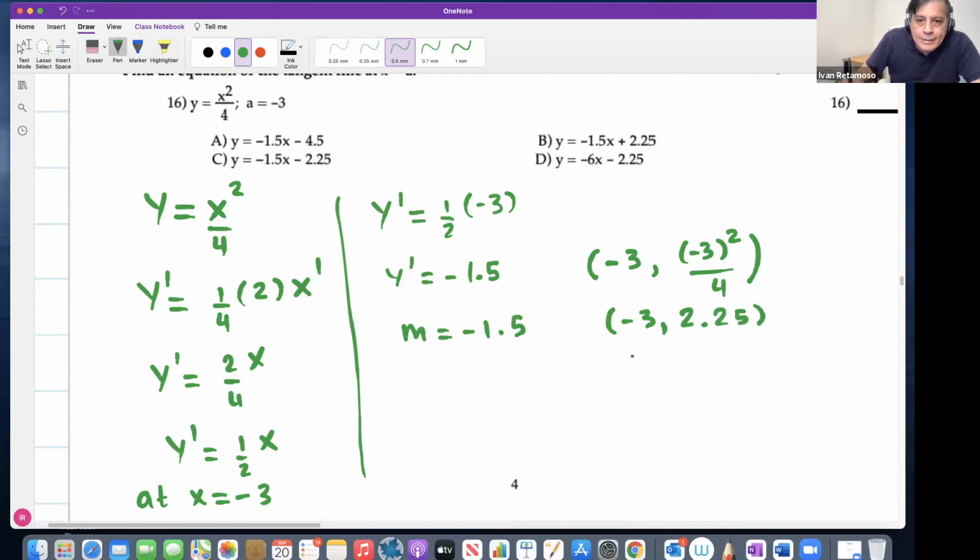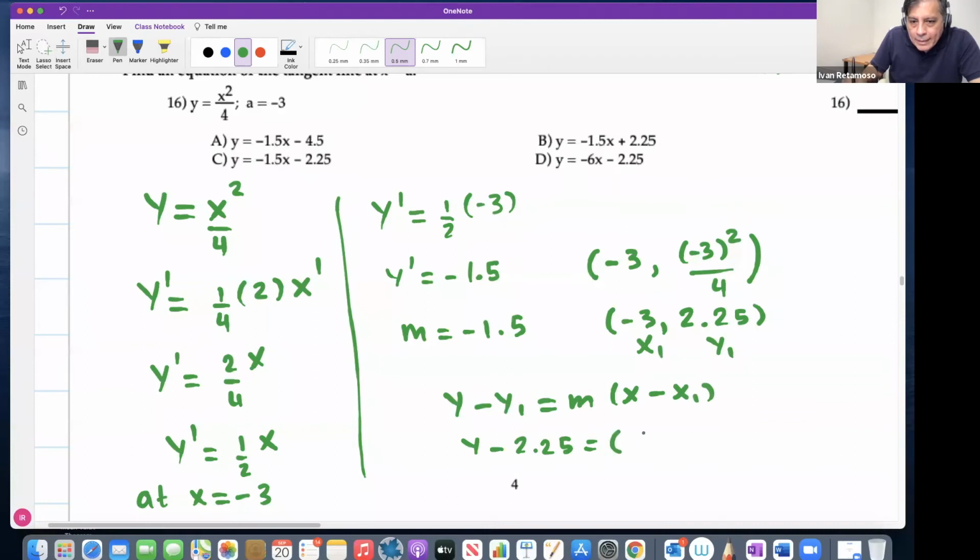Use your point slope form, which is this, with x1 negative 3 and y1 2.25, right? Very good. So y minus 2.25 equal slope negative 1.5 times x minus x1 negative 3.